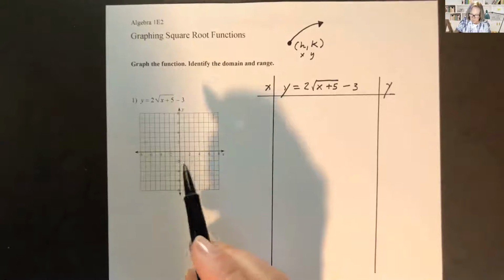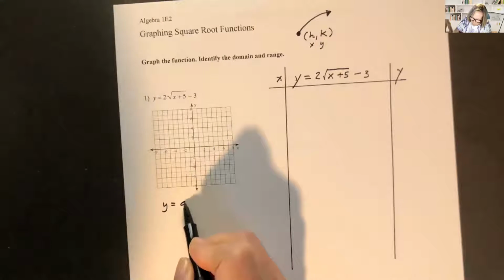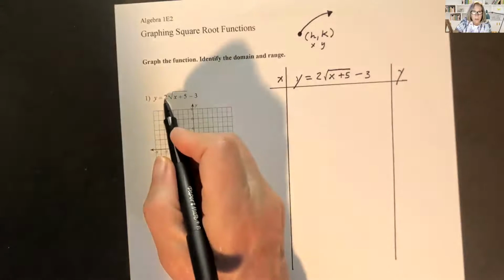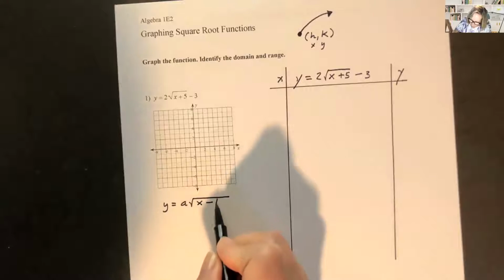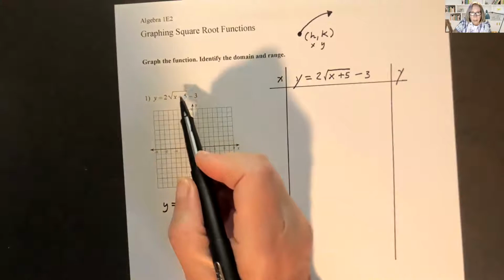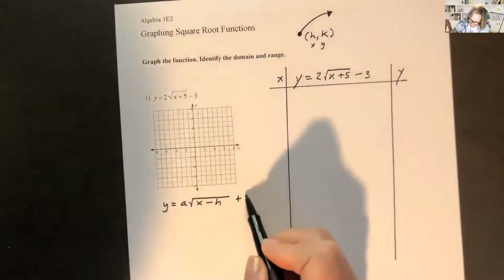In this case, the general format is some A value, which just represents a number, in this case 2, times the square root of X minus an H value. So when it's plus, it means it's the same as minus a -5 here. And then plus a K value.